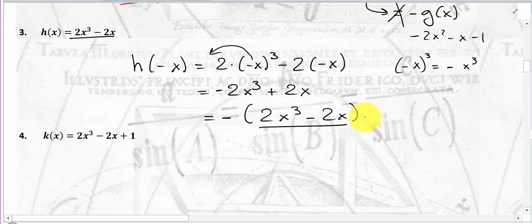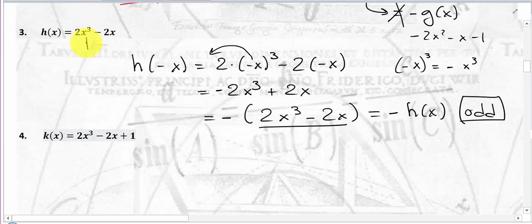I'm sorry, it's h, it's not g. So it is the opposite of h of x. Therefore, my function is odd. And one of the reasons my function is odd is because my powers are odd, and an odd power will throw the negative sign outside, and therefore you can just take it out. If you got a negative sign outside, you can take it out.